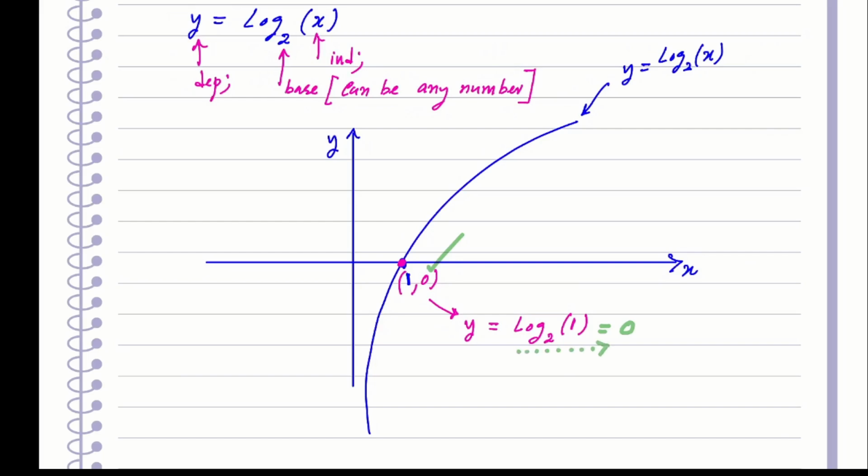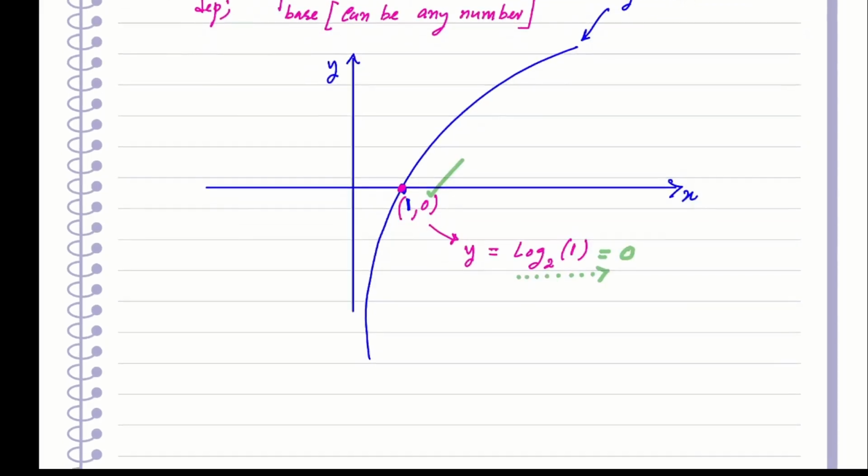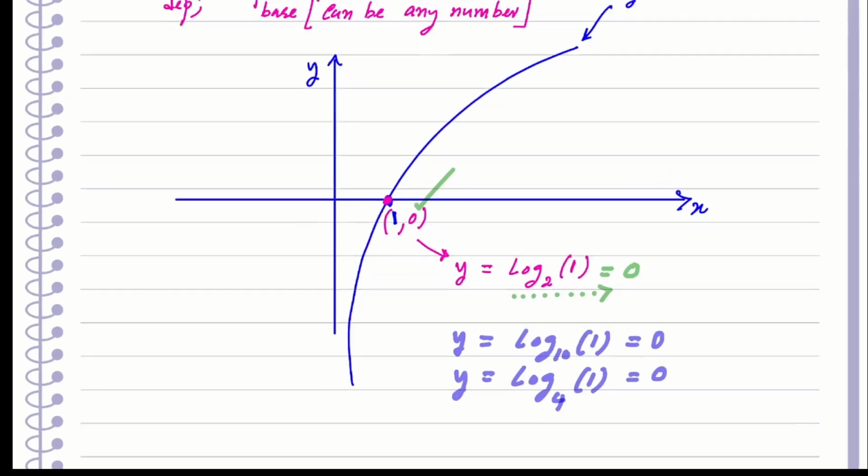Similarly, if you calculate, y is equal to log₁₀ 1 is also 0, and log₄ 1 is also 0. So that tells you that all the log functions go through 0.